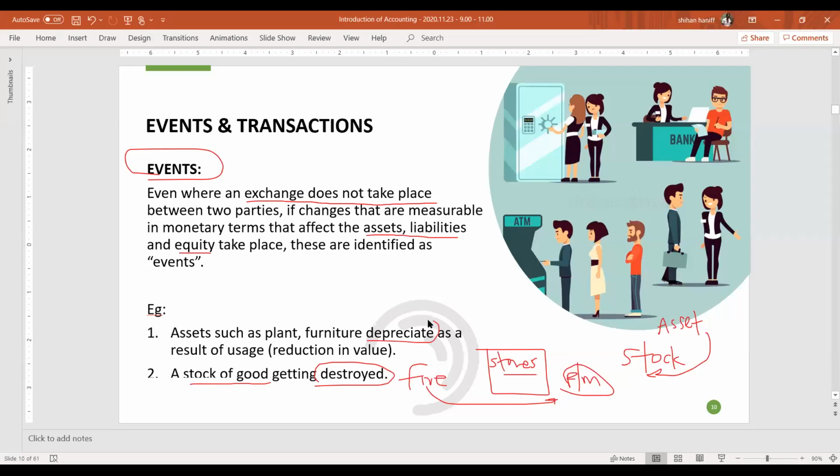Depreciation, the usage. Depreciation is usage of a non-current asset, machinery, motor vehicle. When you use the asset, the value decreases. That is called depreciation. Right? So not only transactions, we have to record the events as well.